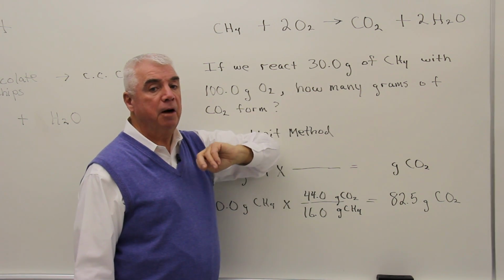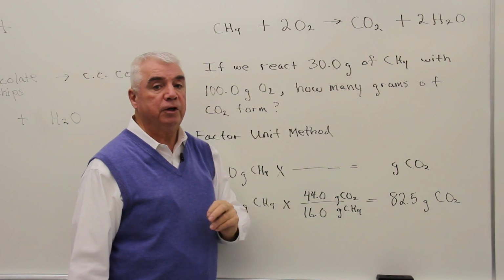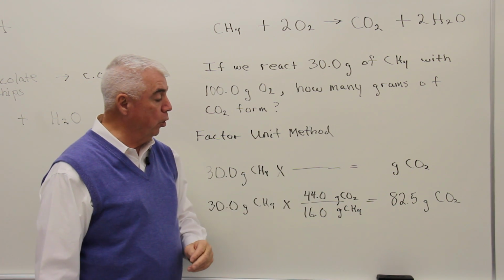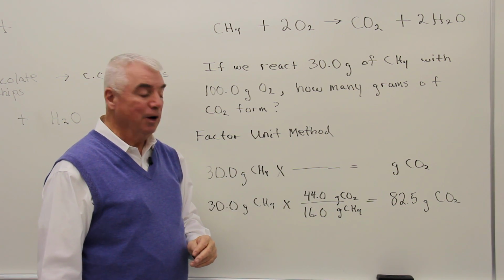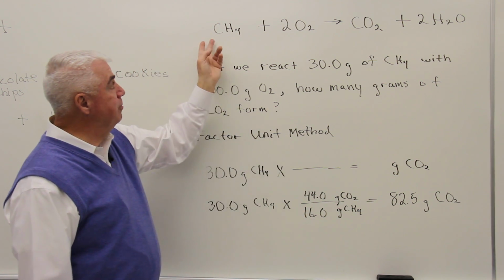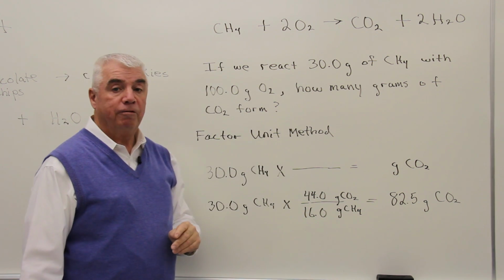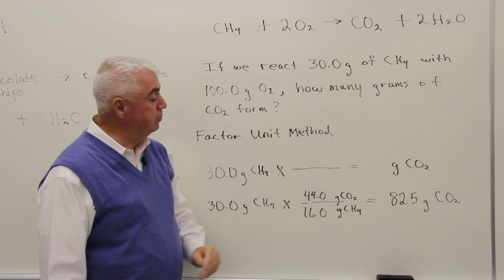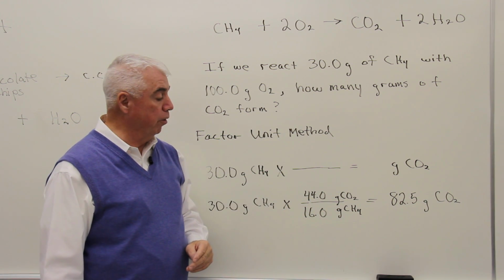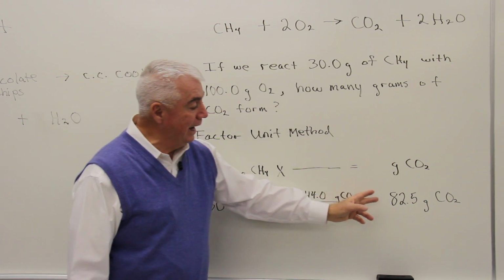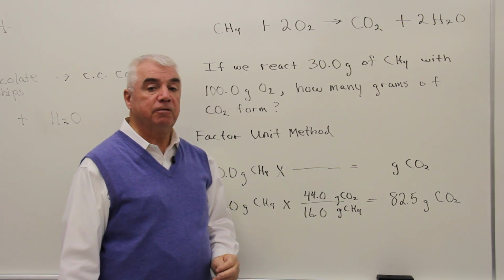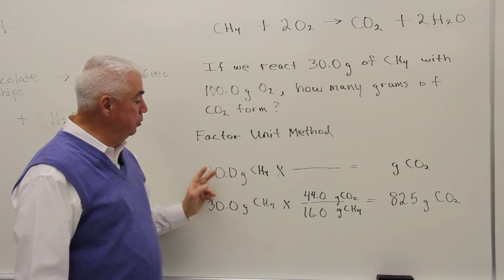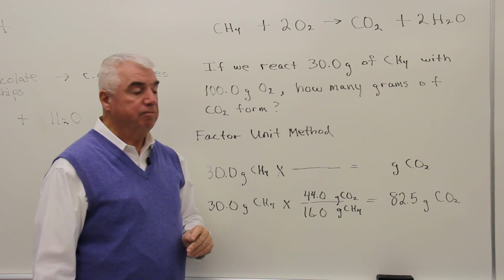Carbon is 12 atomic mass units, 2 oxygens would be 32 more, or a total of 44.0 grams of carbon dioxide. In front of methane is the coefficient 1, and converting that into grams, we get 16.0 grams. Multiplying, 82.5 grams of CO2 are possible when we use 30 grams of methane.